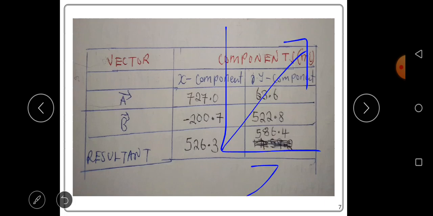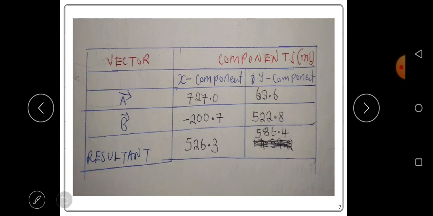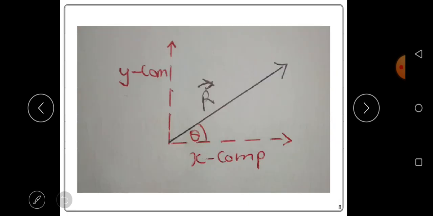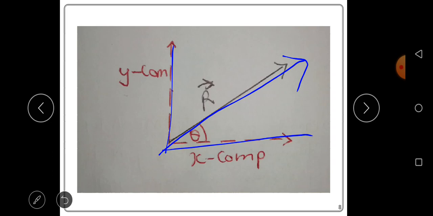This is the x component, this is the y component. So we can tell that this is in the first quadrant. This information will be helpful in finding the direction. This is what the resultant vector is looking like: this is the x component, this is the y component, then this is the angle.